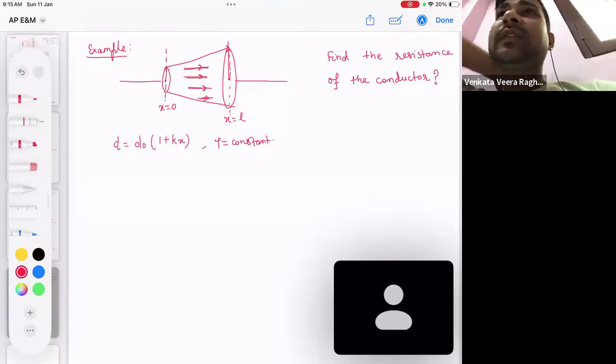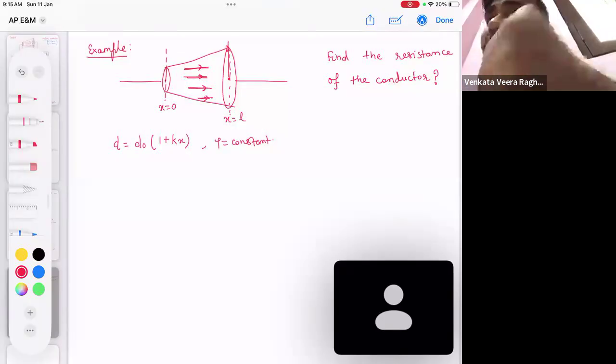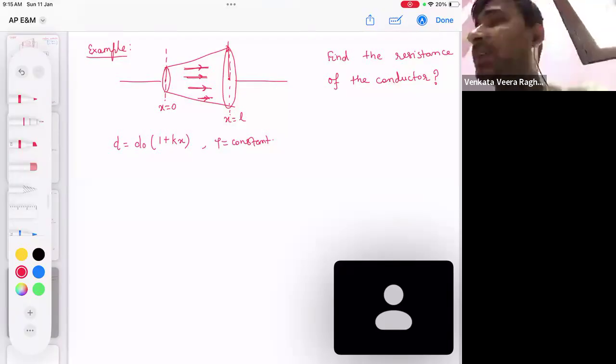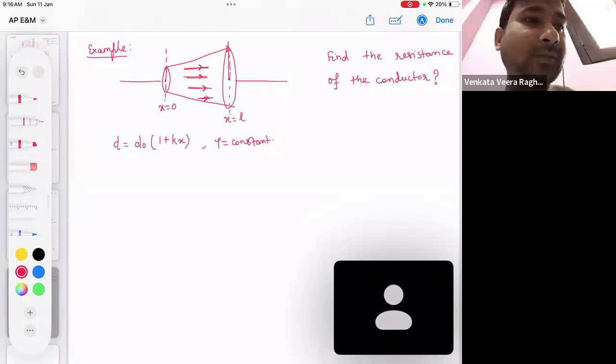So I cannot apply resistance equal to rho L by A, because if area is changing, what area will I use? So that is the problem we have. Tell me what we should do in this question. How do we calculate the resistance of this conductor? Try it and tell me what is the answer coming. Please tell me how much is this coming? What is the resistance coming?